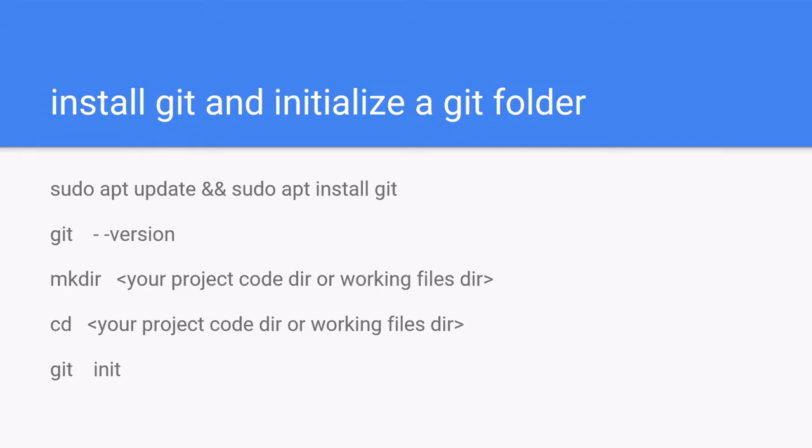So we use this command just to make our first directory. We're going to cd to the directory. That means we're going to enter into that new directory, and after, when we are inside that directory, we're going to initialize this directory to become a git directory, so a local git directory. So by doing git init, so git init will be your first command actually after the git version.